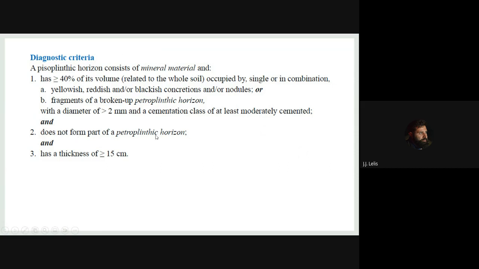It's not part of a petroplinthic horizon, and it also has a thickness of 15 centimeters. So the pisoplinthic horizon is composed of a high number of concretions and/or nodules, with a cementation class that expresses hard materials, and they are not part of a petroplinthic horizon.